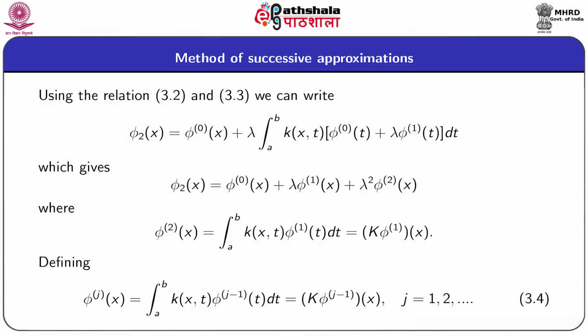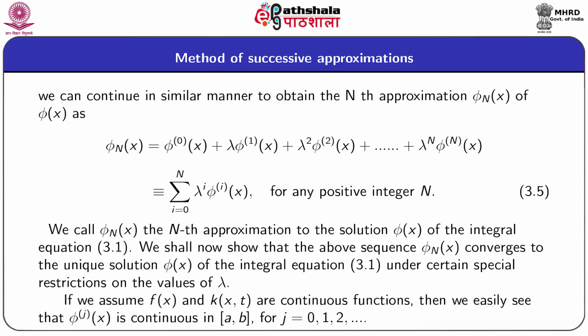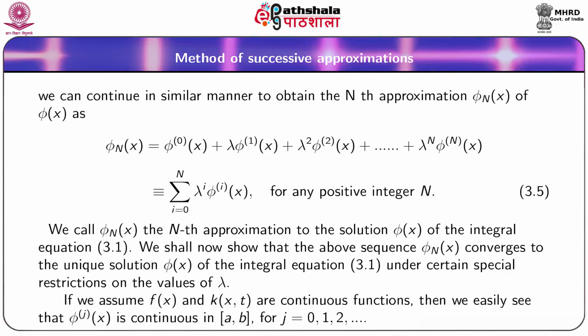J runs from 1 to n. So, with this definition we can continue in similar manner to find successive approximations of phi x.